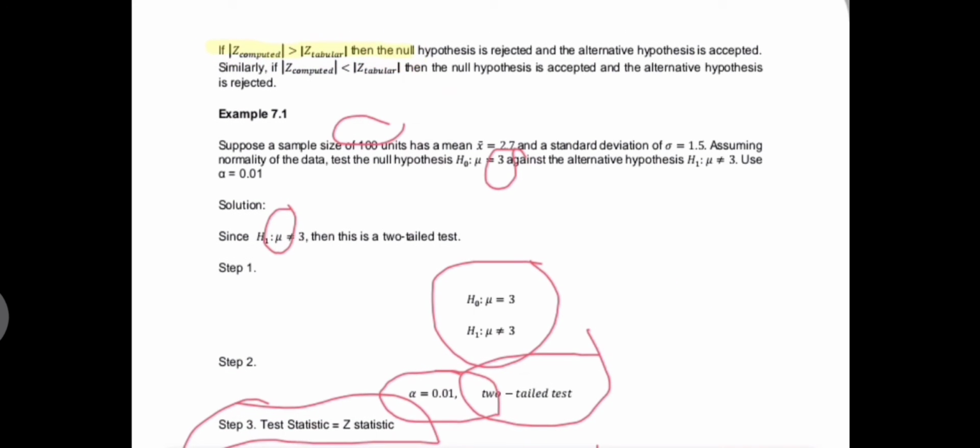The decision is that if Z computed is greater than Z tabular, then the null hypothesis is rejected and the alternative hypothesis is accepted. Similarly, if the Z computed is less than the Z tabular, then the null hypothesis is accepted and the alternative hypothesis is rejected.